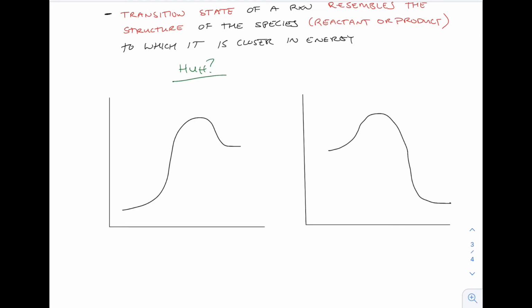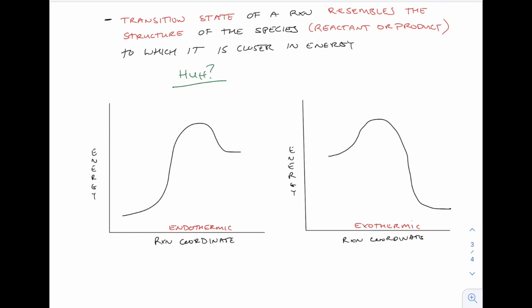All right. So anyway, here's two gorgeous energy diagrams. We've got the energy on the y-axis, and the reaction coordinate is the x-axis. You should know that stuff already. The reaction on the left is endothermic, and the reaction on the right is exothermic, right? Because the products are higher and lower in energy, respectively. Okay, so these are our transition states, right? Now, the transition state resembles the species that is closer in energy to it.